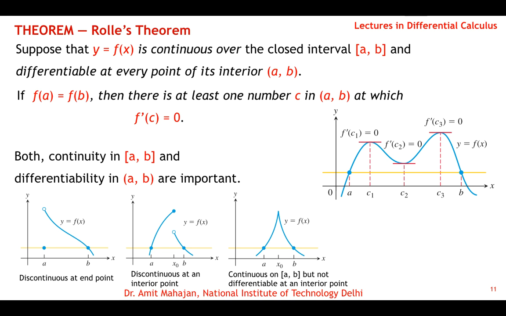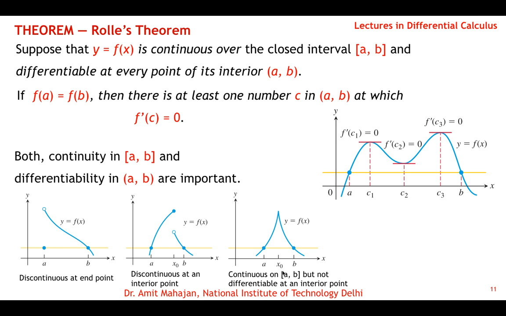As a counterexample, if the function is continuous, but there is a point in the interior where the function is not differentiable, then because the derivative does not exist there, there is no point in the interior where the slope becomes horizontal, even when the function values at a and b are equal.